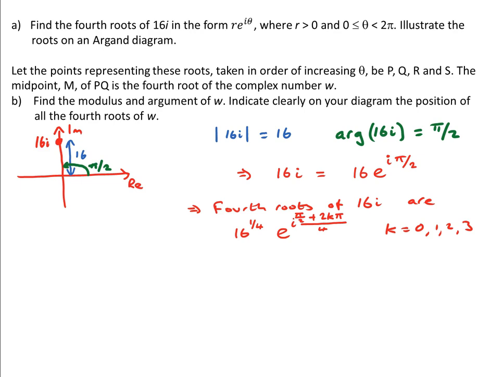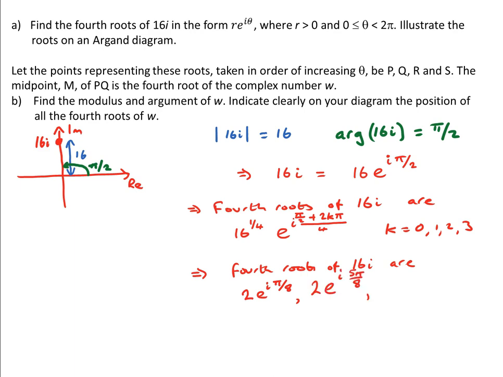Putting k equals 0, well, first of all we know that 16 to the quarter is just 2. With k equals 0, I've got 2e to the i pi by 8. If I have k equals 1, I've got 2e to the i times 5 pi by 8.